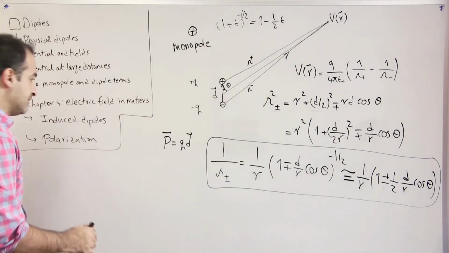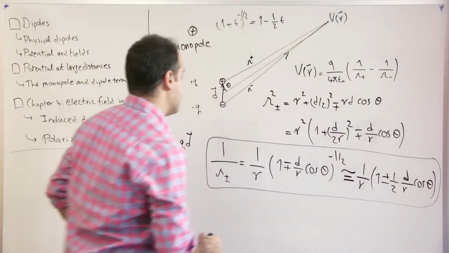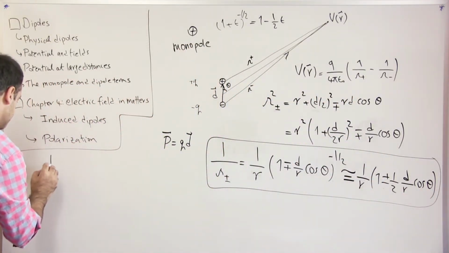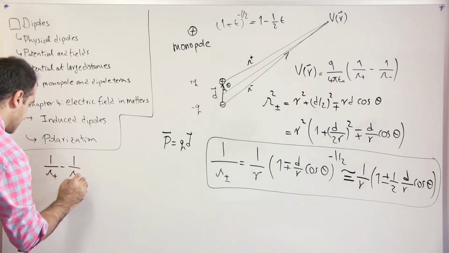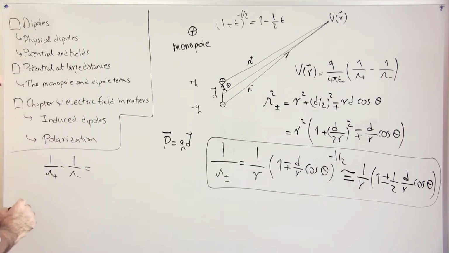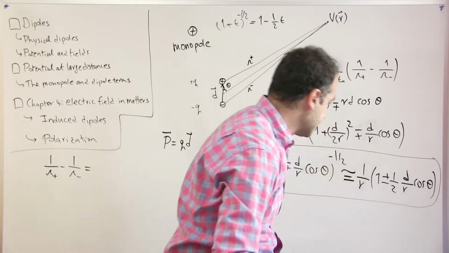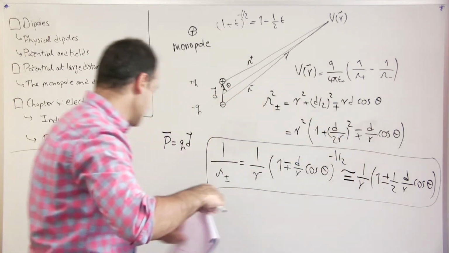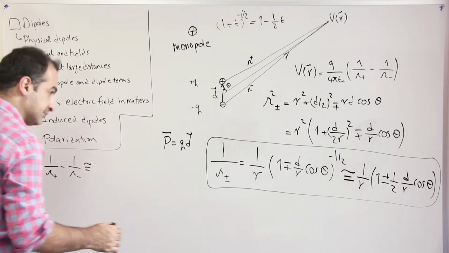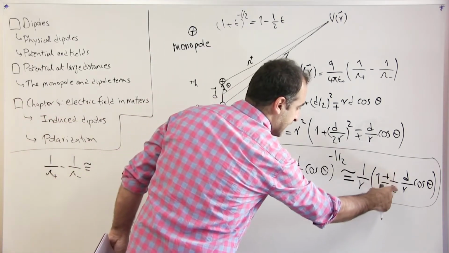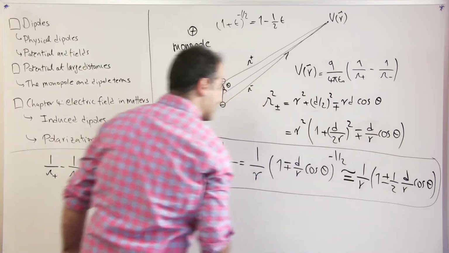If we look at 1 over R plus minus 1 over R minus, we have the 1 over R factors canceling each other out, and we get 1/2 D over R cosine theta minus (minus 1/2 D over R cosine theta).